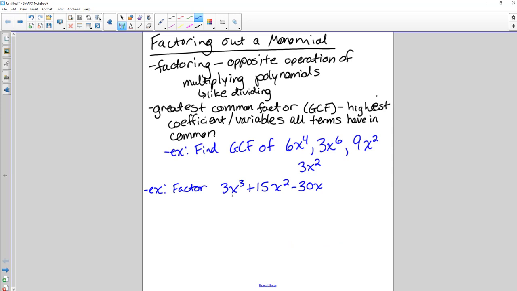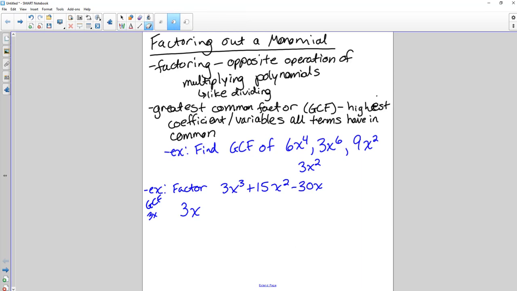We look at it one at a time. First we look at the coefficients, then the x's, like we did with the last example. The coefficients all have a 3 in common, so we're going to factor out a 3, and they all have an x in common, so we're going to factor out an x. So the greatest common factor in this problem is 3x.